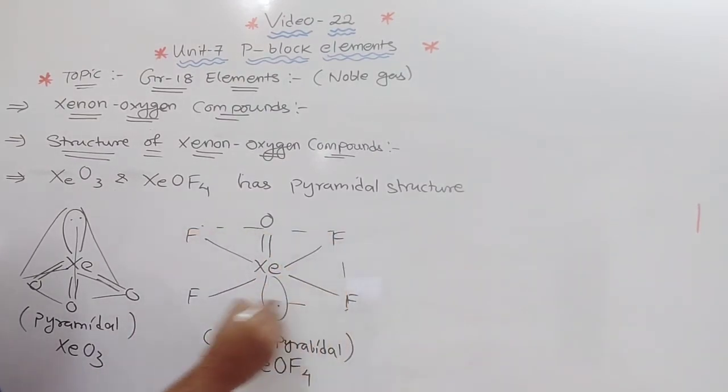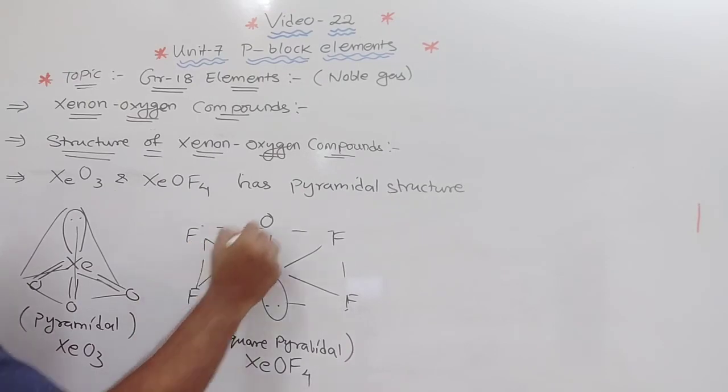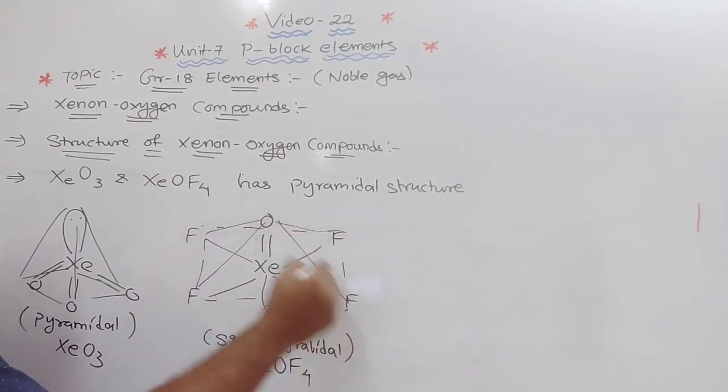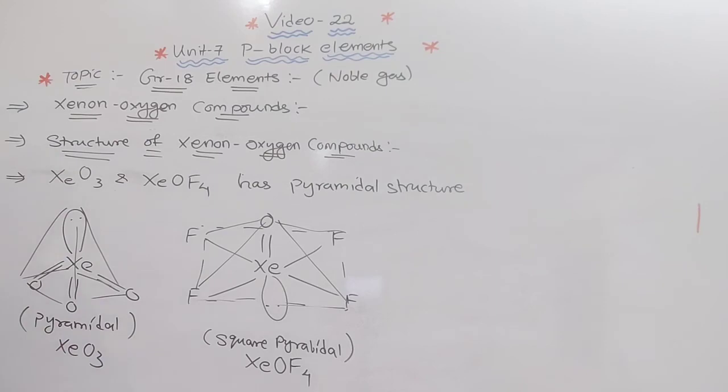So if I draw like this, from here to here, like this is square pyramidal. Understood? Don't forget all these things, structures and all. So this was all about xenon-oxygen compounds.